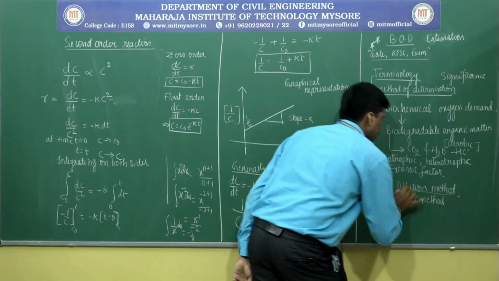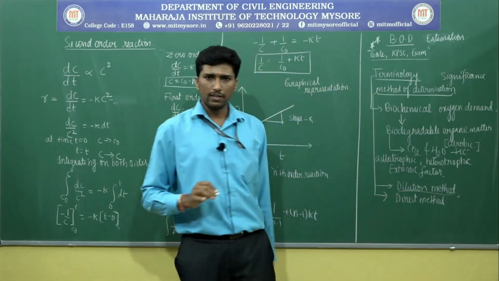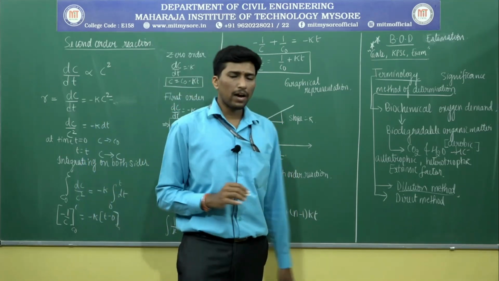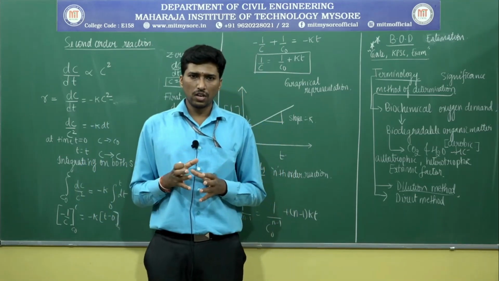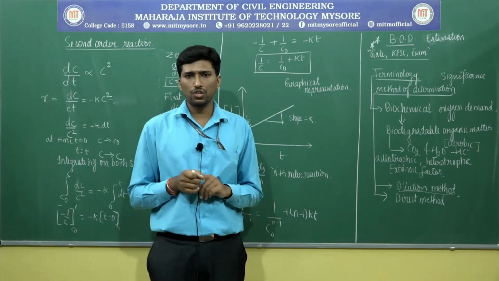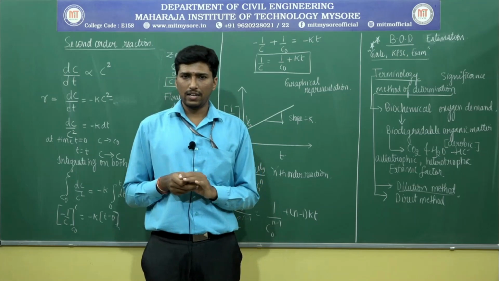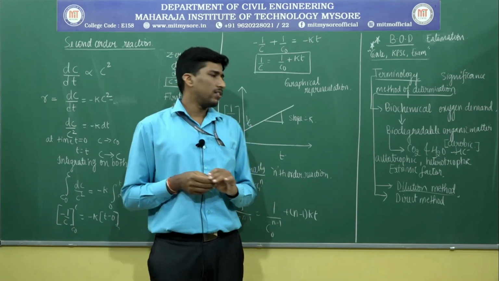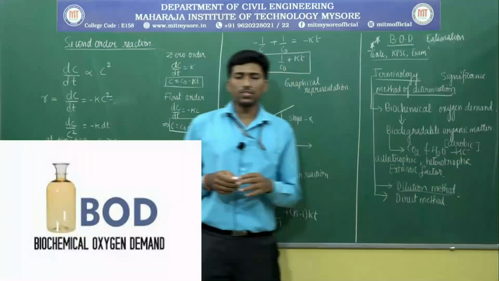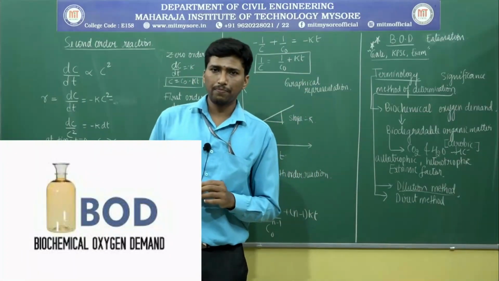What is the dilution method? It is normally adopted in the laboratory, where we determine the dissolved oxygen concentration at the initial day as well as the dissolved oxygen concentration after the final day, divided by the percentage of dilution taken.